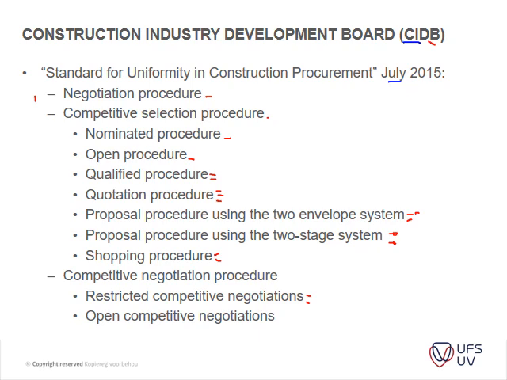Is your price fixed or not? Are you willing to drop your price or not? So a bit of a negotiation. Then you have open competitive negotiations, where you have a purely bid type of tender, where contractors can actually bid on a project.